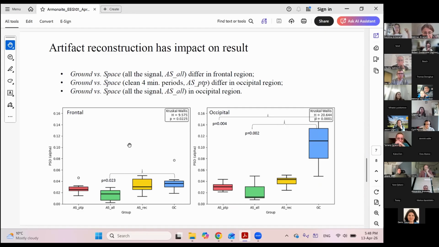And what we see for the frontal region, if we apply the power spectral density analysis on the whole continuous signal, not cleaned, only with the ICA, is that space and ground differ. Instead, for the occipital region, if we apply the power spectral density on the clean periods and on the whole signal, we also see space and ground condition differences.